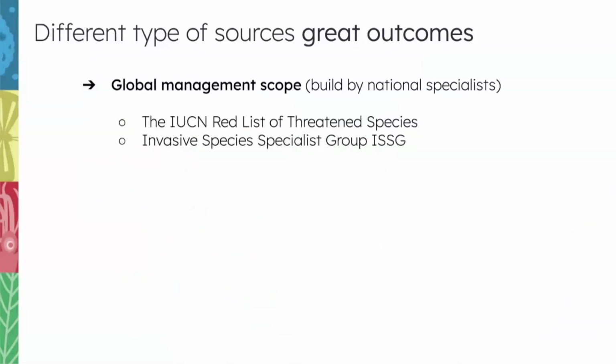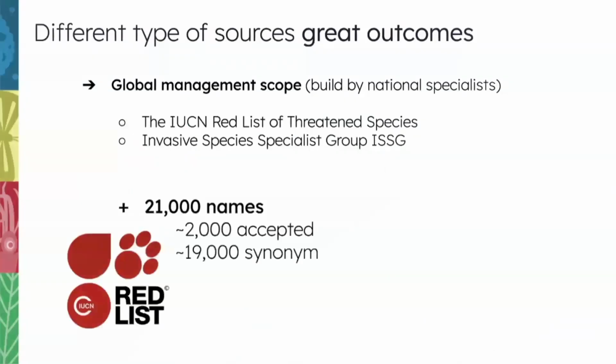The second type of source is the global management one. These are built in essence by national specialists and then gathered by these two initiatives. For the IUCN Red List, we got 21,000 names, many of them also synonyms, and with these we can ensure that Catalogue of Life has the names of any threatened species.